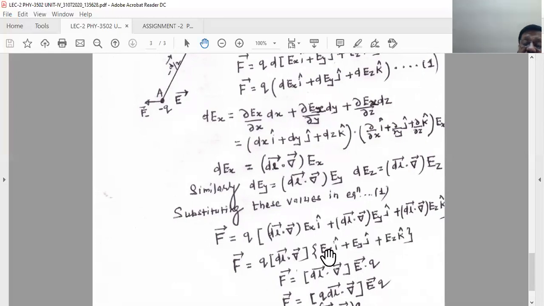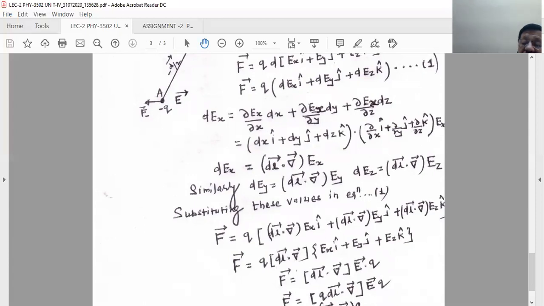And you see this Ex i plus Ey j plus Ez k is the electric field acting at point A in a Cartesian coordinate system. So I write down E. I can rearrange the terms. You see dl dot del is a scalar quantity, so either I can write it here or here, no problem. So dl dot del into vector E.